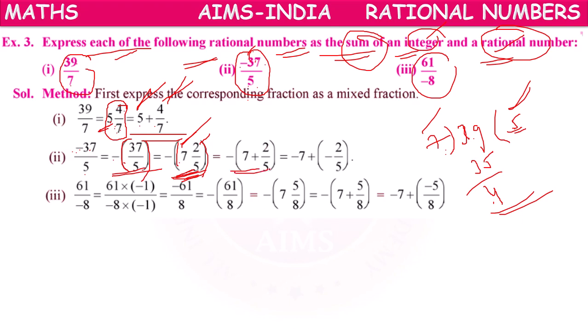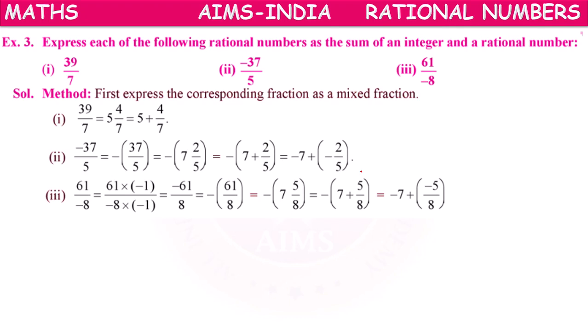Next the minus will come inside: minus of 7 plus minus of 2 by 5. Because we have to write it as a sum, this minus will go to 2 by 5, and this plus will be there in the middle. Okay, like that we have to write.